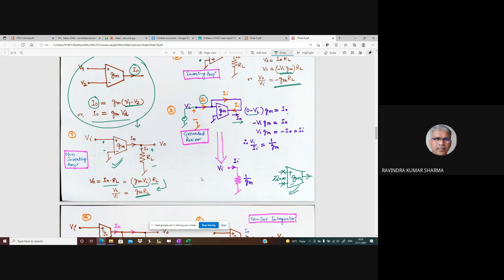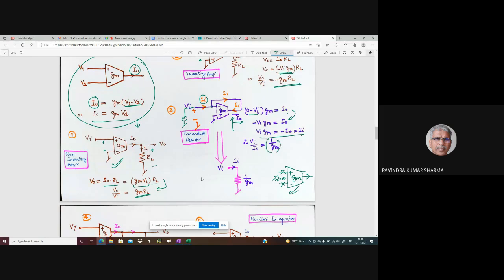But here, if you see these equations, it is now self-explanatory. Minus VI GM is I naught, and VI GM will be minus I naught, and minus I naught is actually in this circuit II. So VI GM is II. Therefore, Vi by II will be 1 by GM. What does it mean?